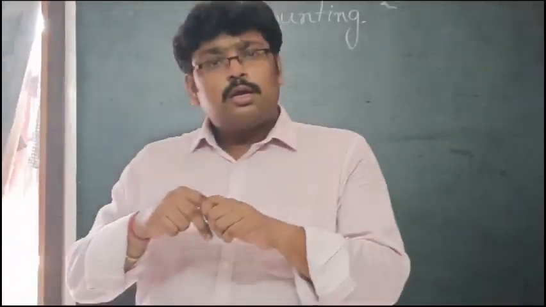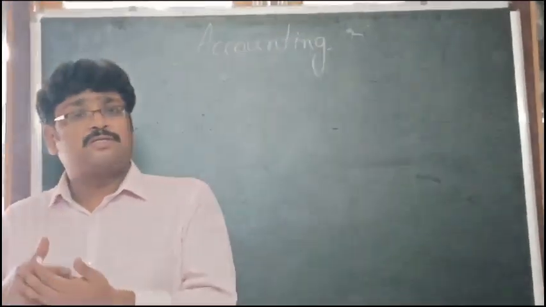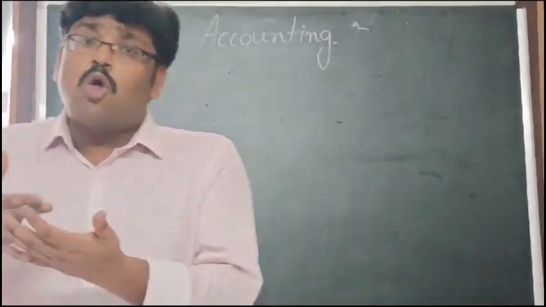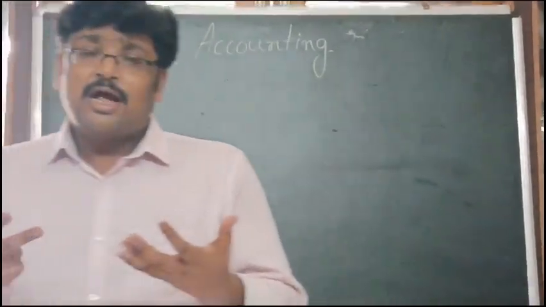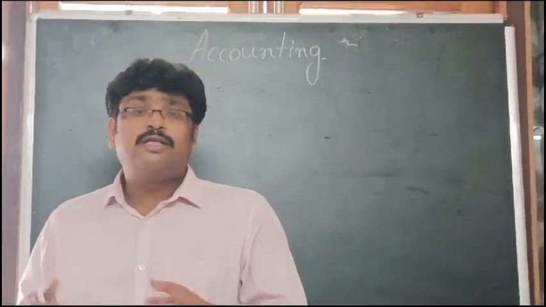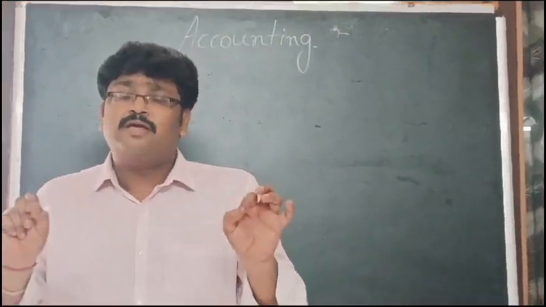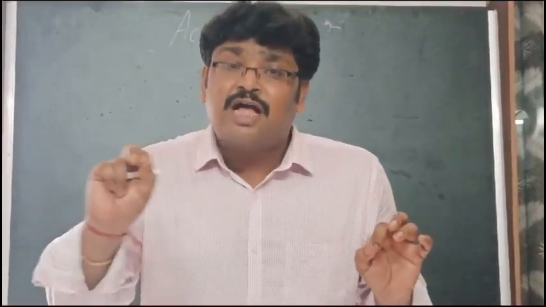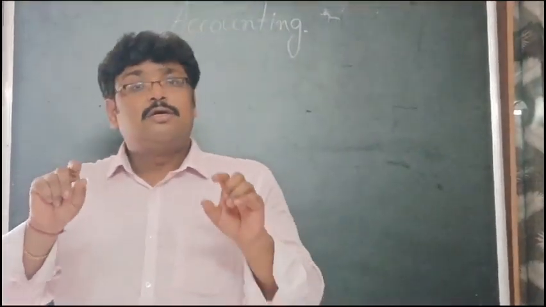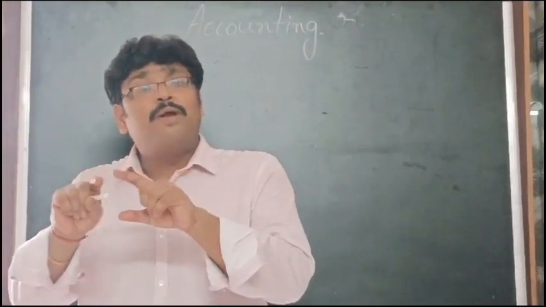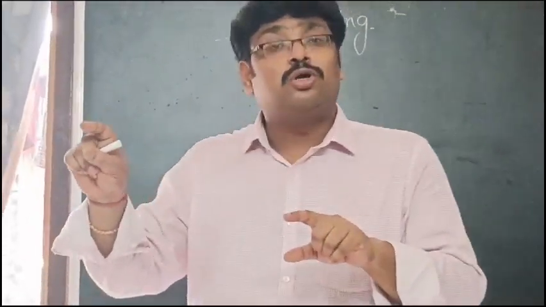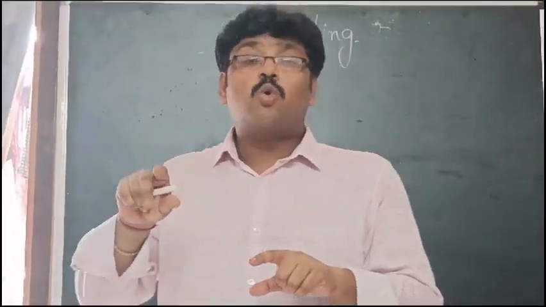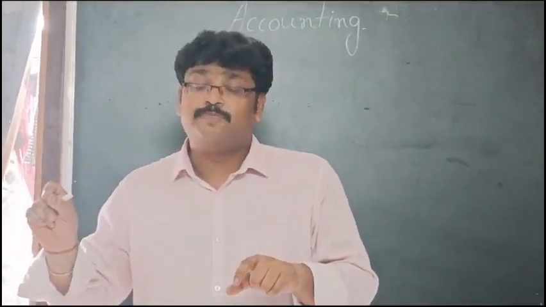If a person does not have any knowledge about accounting, they simply write the information in such a way that the company has spent $1,000 for raw materials and $100 for electricity.